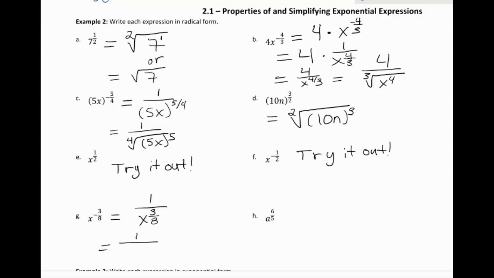So 1 over, remember the denominator is my index, so that one goes outside, x to the 3rd power. All right, and for example h, we have a to the 6th over 5. Again, the 5 is going to be my index, so that one goes outside, and a to the 6th power.